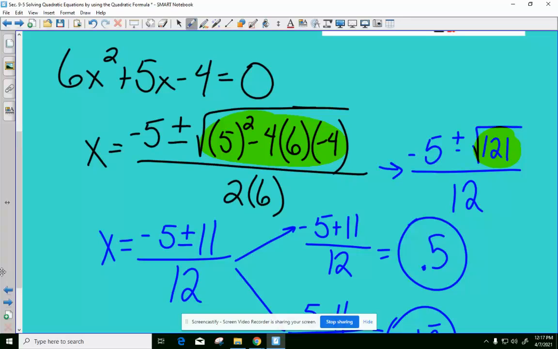If it's positive, then ultimately you'll end up with 2 answers because you have to do the positive version and the negative version. What if when you add this up, it comes out to be a negative number? Go ahead, pick your calculator up. Square root a negative number and tell me what you get.